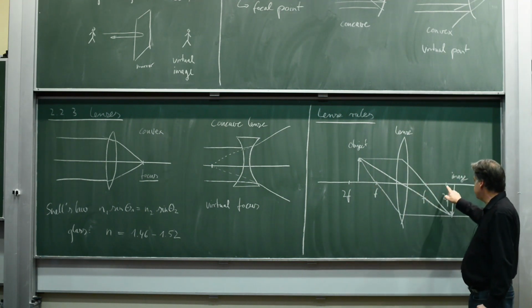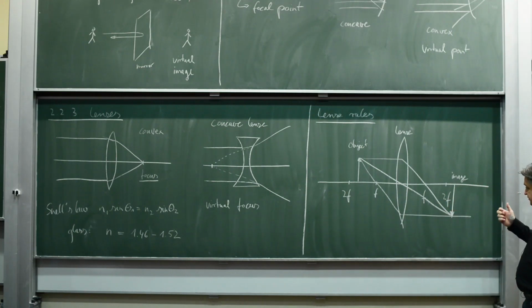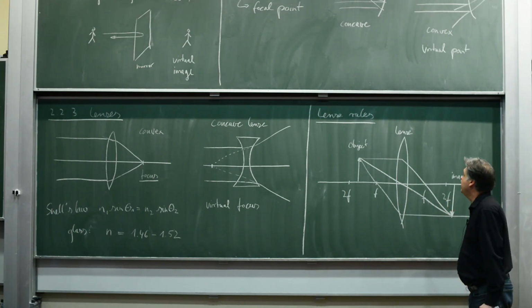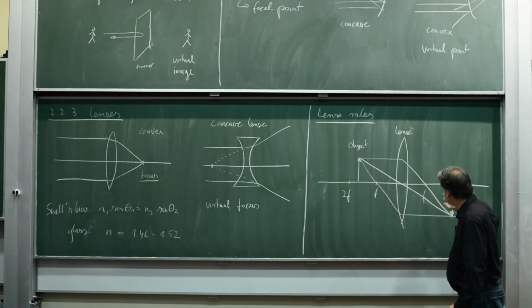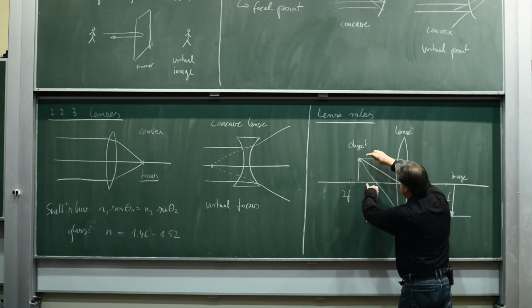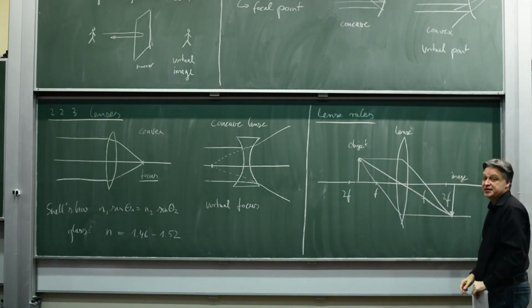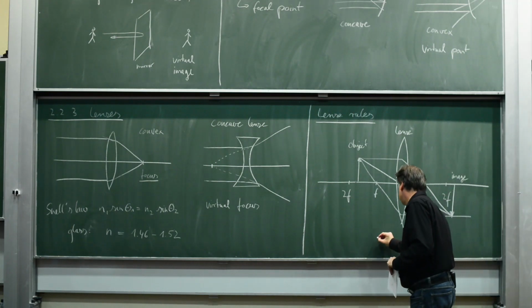The image now appears beyond 2f. That's the first observation. And the second observation is the size of the image is larger than the object. So we get a magnification here.